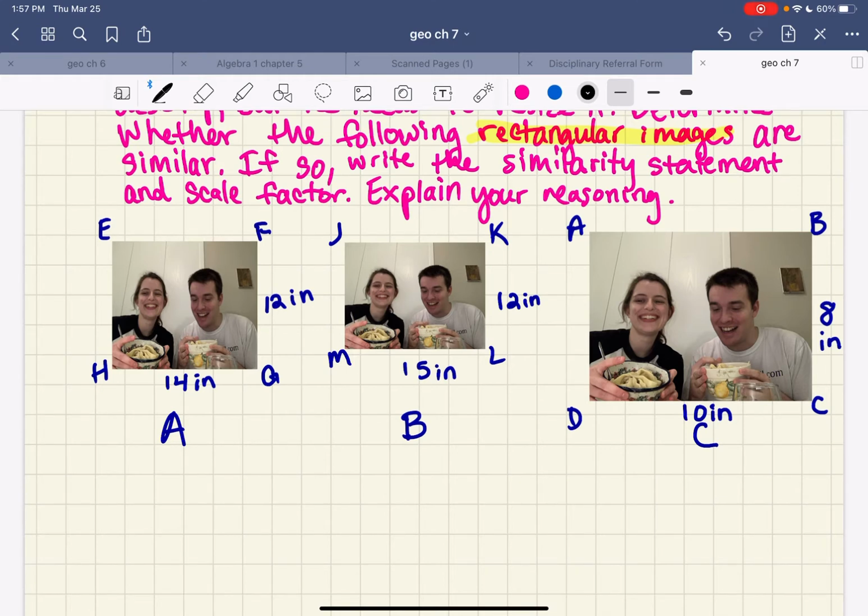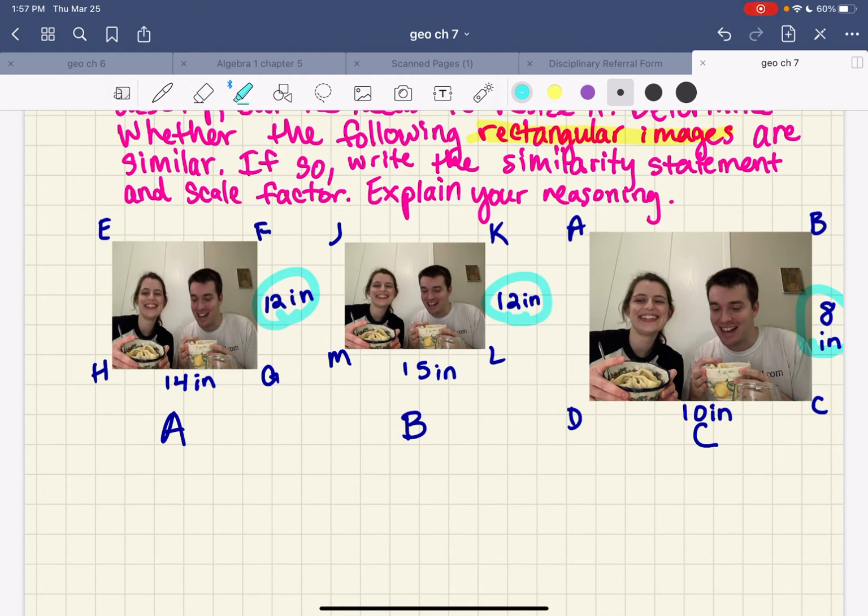So I have 14 by 12, 12 by 15, and 8 by 10. The nice thing about this is, let's look at the sides like this first.